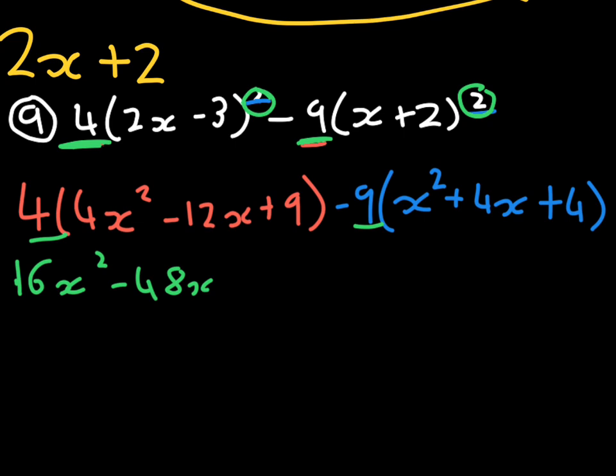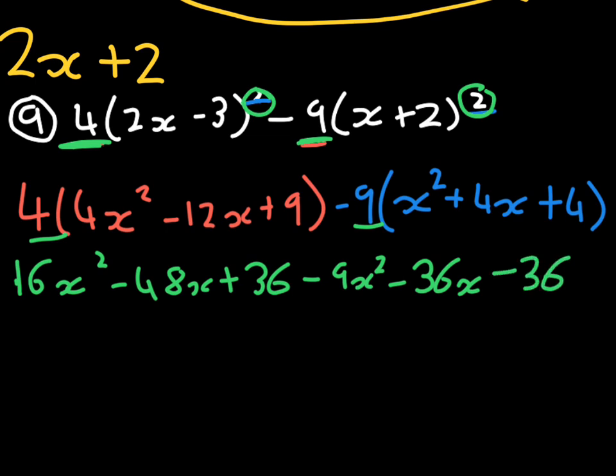And lastly, 4 times 9 gives us 36. Now for the second set, minus 9 times x squared gives us minus 9x squared. Minus 9 times 4x gives us minus 36x. And lastly, minus 9 times 4 gives us minus 36.